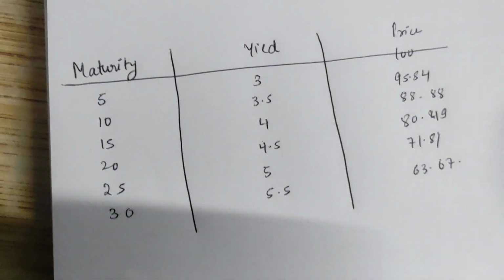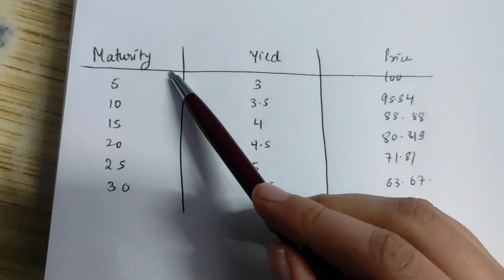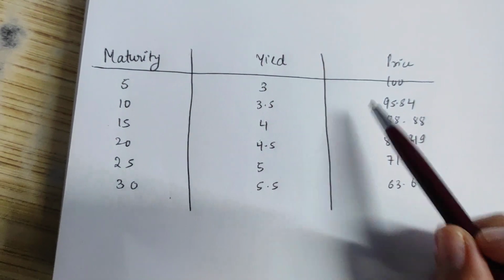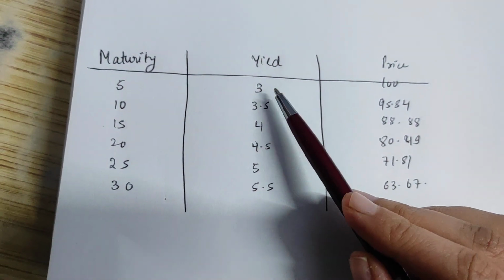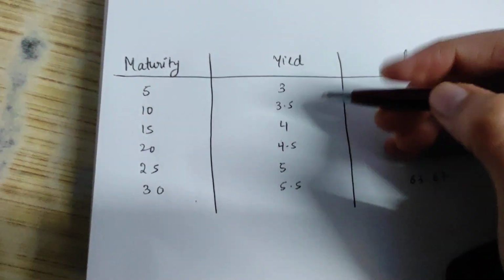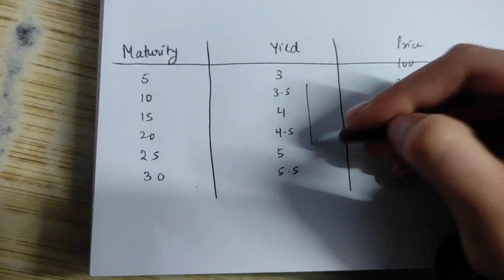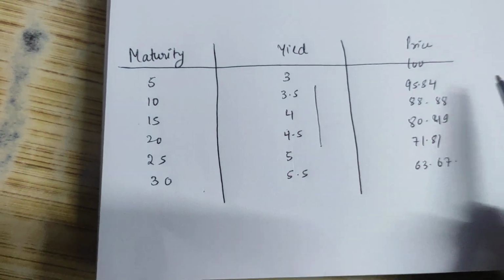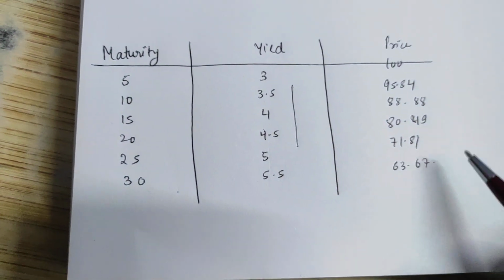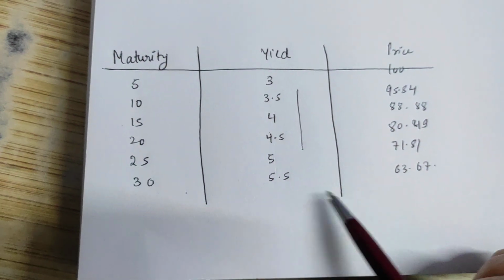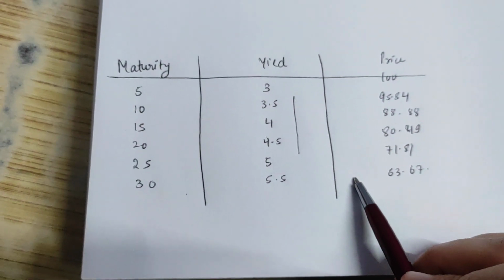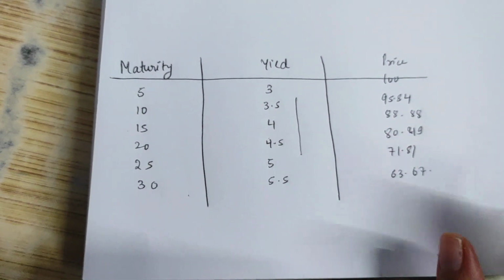For example, we have maturities of 5, 10, 15, 20, 25, 30, and yields starting at 3.54, and you should see that it's upward sloping, right? When maturity increases, the yield is also increasing, and the price is decreasing, because they have an inverse relation. I'm not going into this calculation, because I know very well that you can do it.